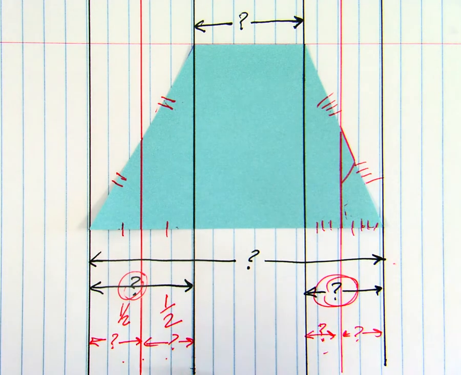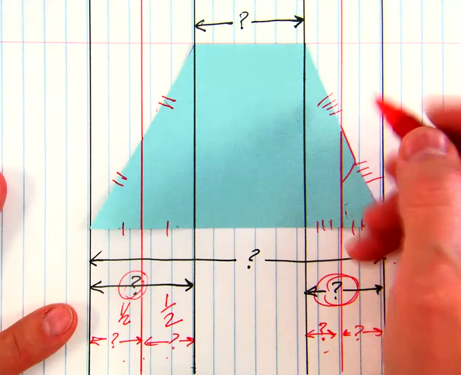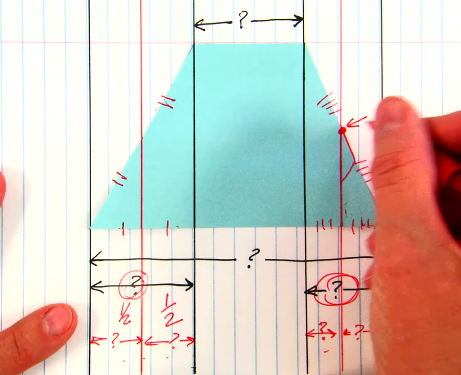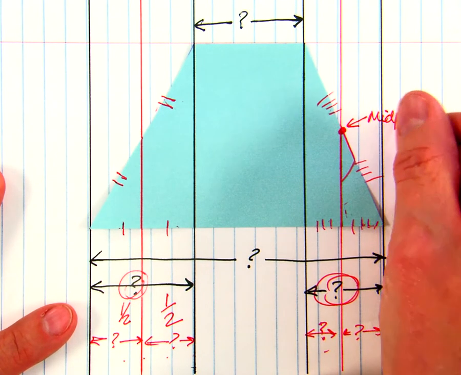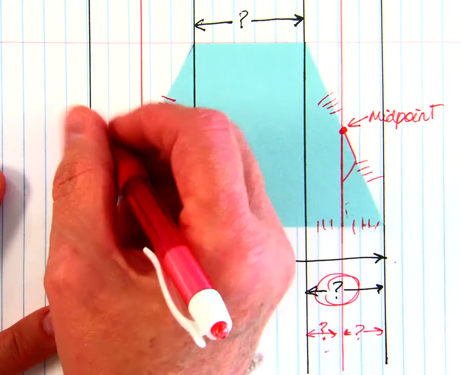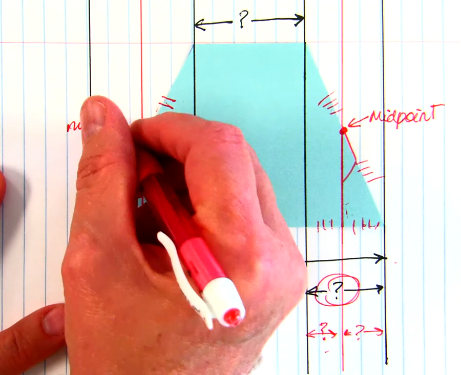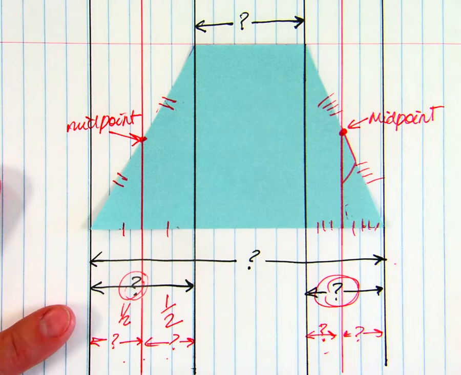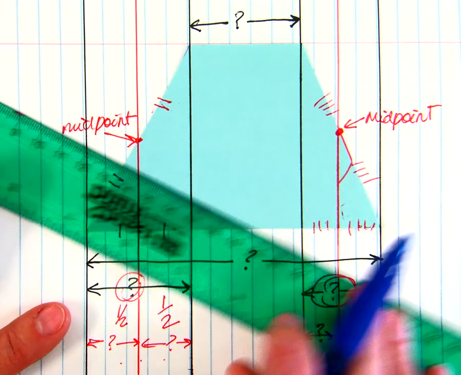Okay, then let's state the obvious. That means that this is the midpoint. And this is the midpoint of the left portion. So go ahead and label that. And connect the midpoints.